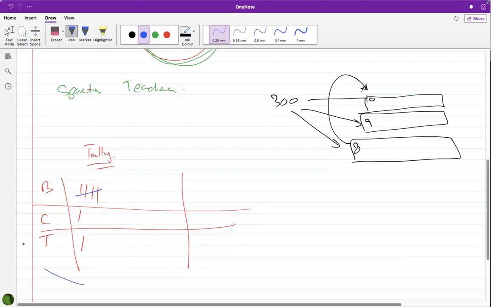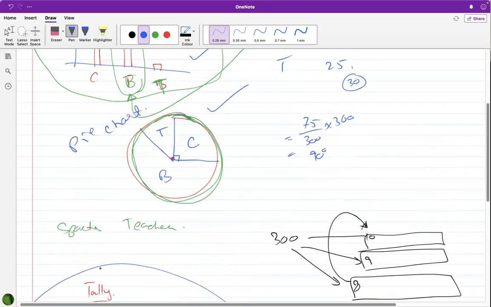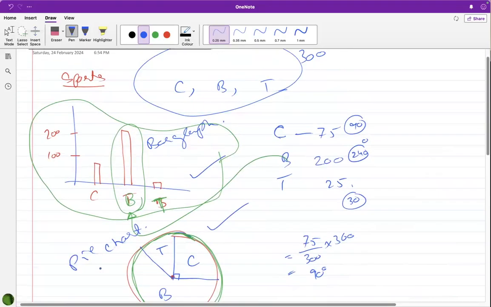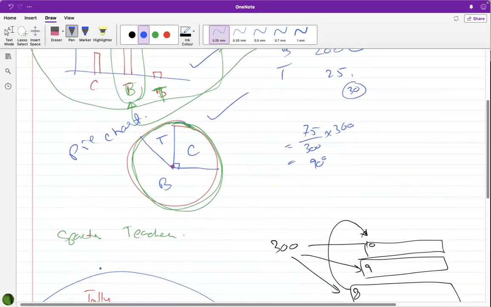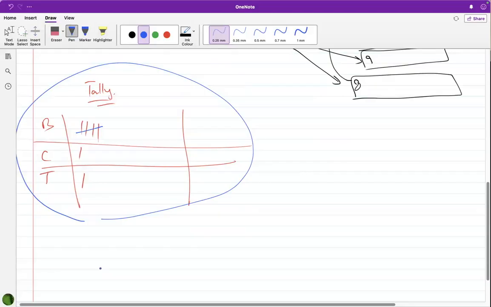So the principal might not be interested in this data. And if we are making a presentation, we'll be using either pie charts or bar charts. And the sports teacher may be interested in maximum detail, that how many students from which class, which grade, and if we are talking about grade 8, we may have different sections as well, and so on.